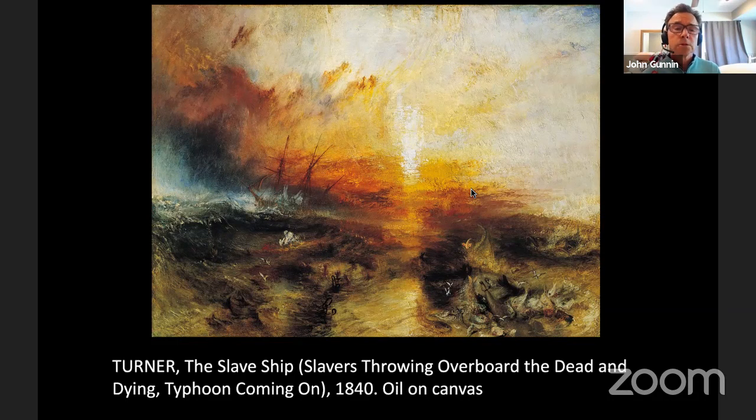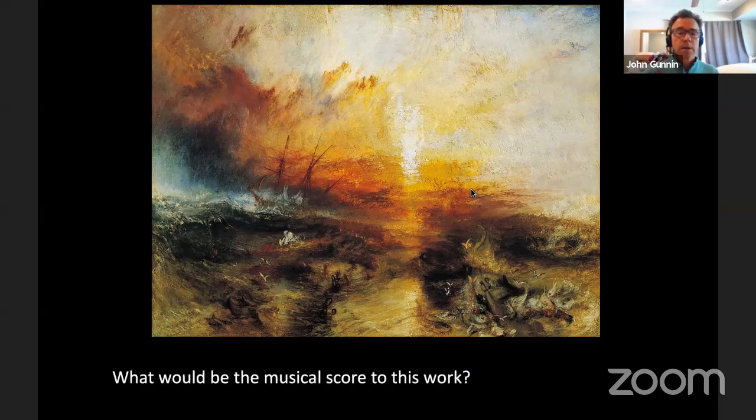And so Turner at the time is really looking back on this event of maybe 30 or 40 years before this. But this work actually showed up in the hands of an abolitionist collector in Boston. So it has a powerful political message. And of course, when you see the work, it takes a long time, a lot of looking before you get into this thought.